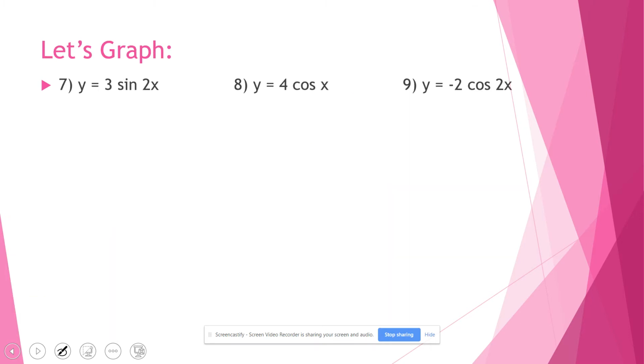All right, so we're going to start with amplitude and period. So our amplitude is 3. And then our period, 2 pi over 2, simplifies to pi.